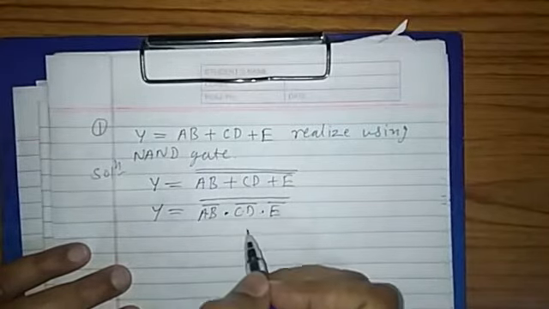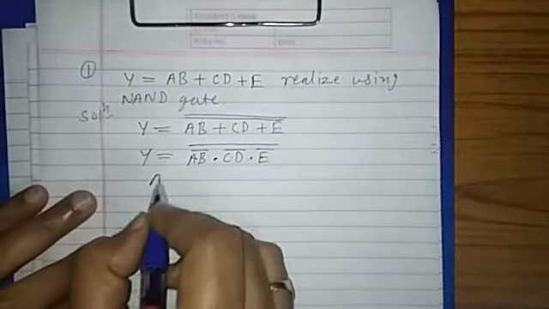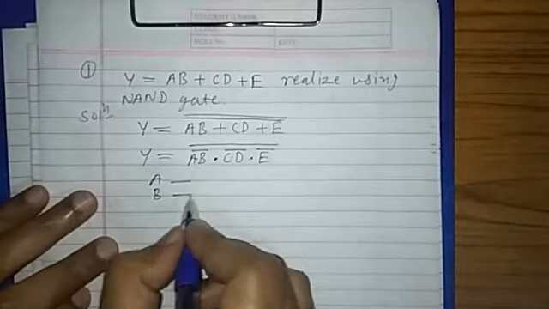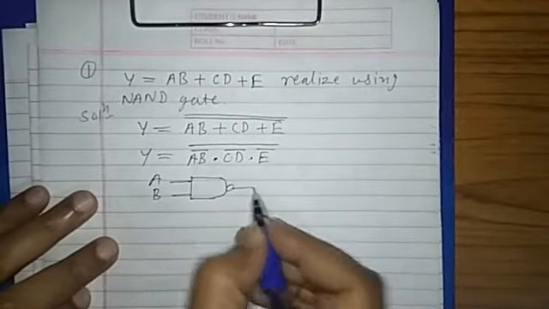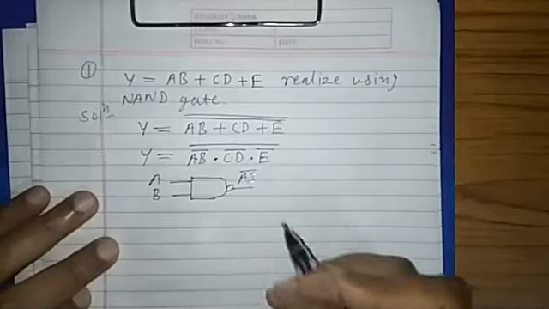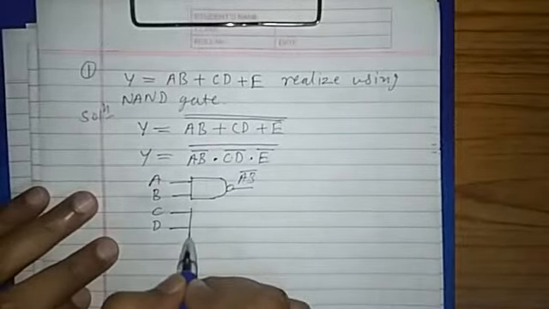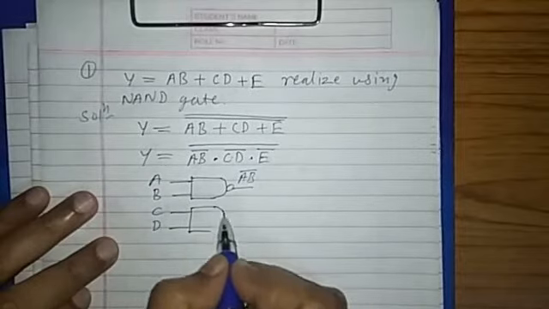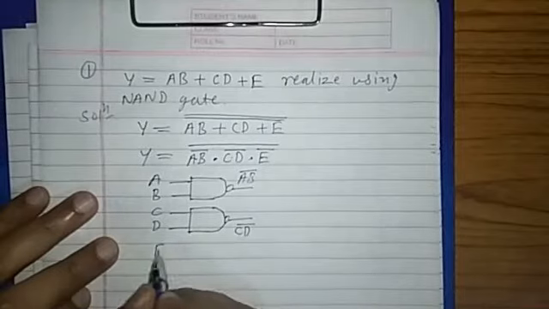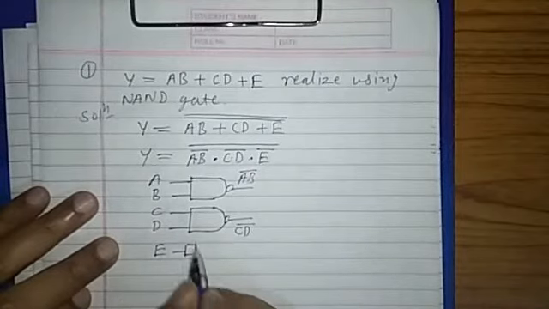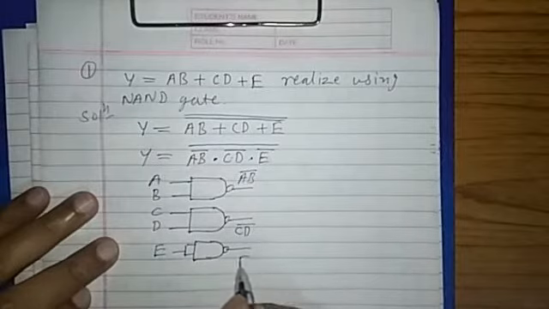Now once I get this expression, then I will draw the logic gates. It is A, B, this will be now AB bar. Now C and D will get this as CD bar, and one more is E, this is E bar.